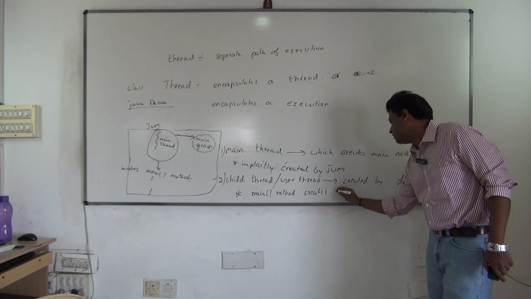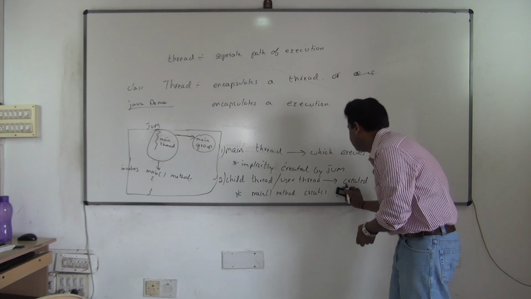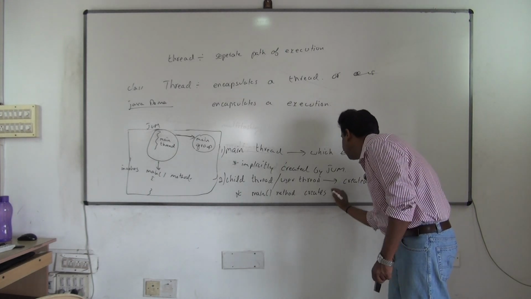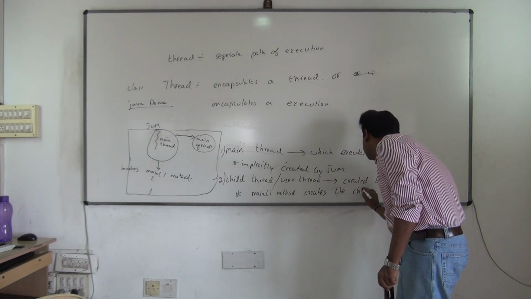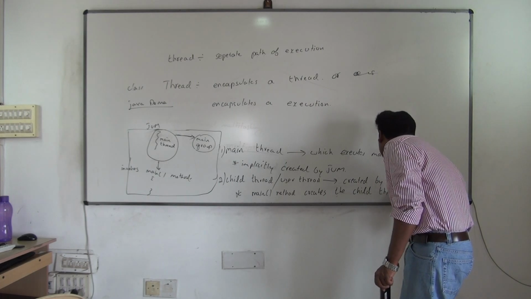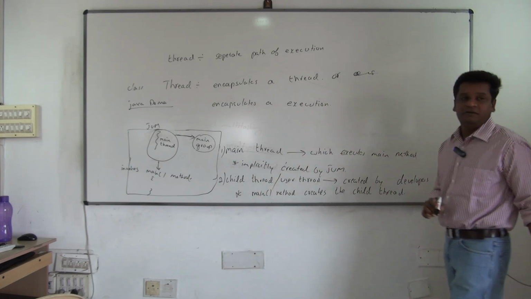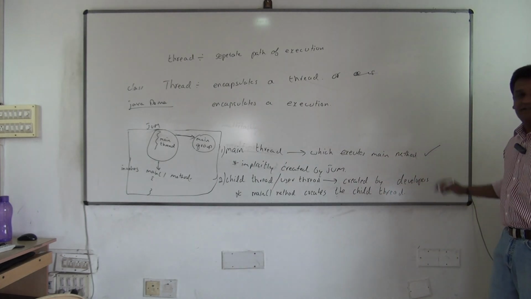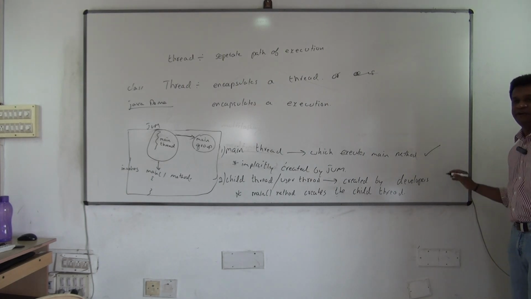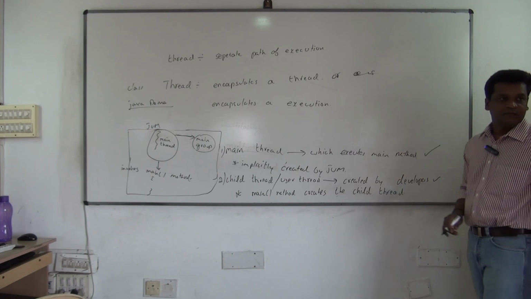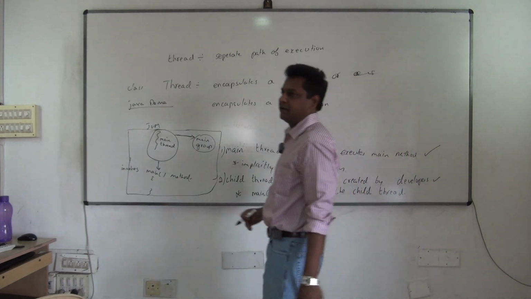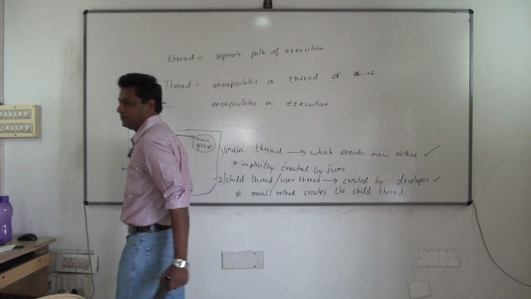The main method creates the child thread. You're following now? So first we have to understand this, and then we will see how to create the child threads.